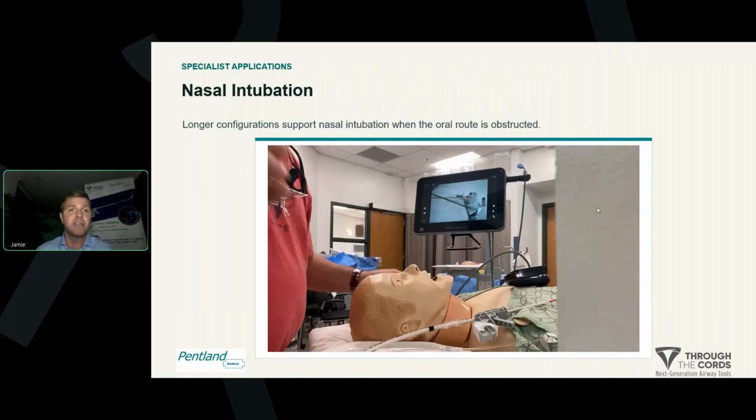The longer configurations, as I mentioned in the last slide, the double lumen tube variants, have the required length to go around the back of the nasal passage, and the trigger handle allows you to steer the introducer in the same way. Slightly different technique, but the outcome is the same. It allows you to get the tip through the trachea in the same way. So I'm going to just play this short video now, which demonstrates the nasal intubation on a mannequin.